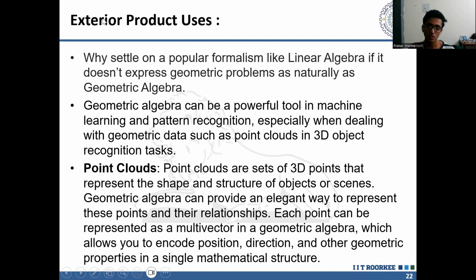Now, what is the use of the exterior product? Most of the computations and algorithms in ML are restricted to linear algebra. We do not express geometric problems with the help of geometric algebra, but the main motive of discussing all of this is that geometric algebra can also be a powerful tool in ML and pattern recognition, especially when dealing with geometric data such as point clouds and 3D object recognition.